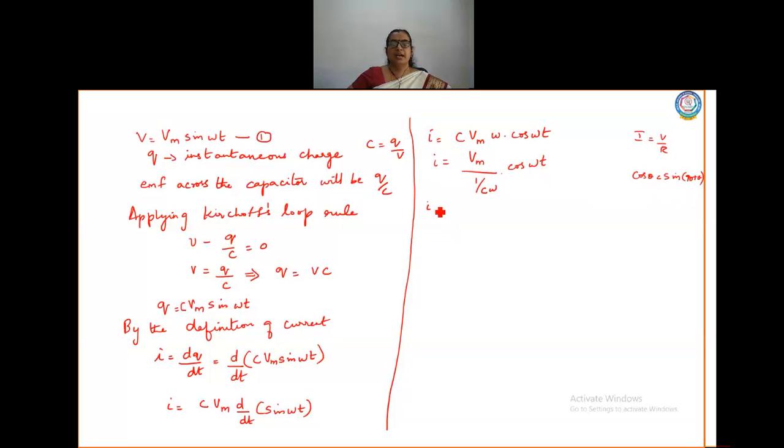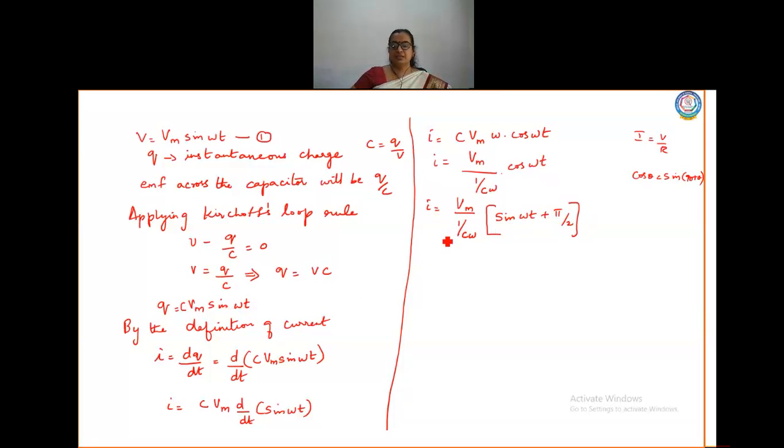So I will write I as Vm by 1 by C omega, and I can write this cos omega t as sin omega t plus pi by 2. So 90 plus theta, where theta is omega t, and 90 I can write as pi by 2. So the I equation now becomes Vm by 1 by C omega sin omega t plus pi by 2.